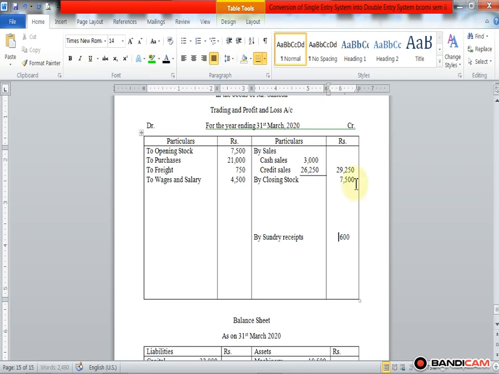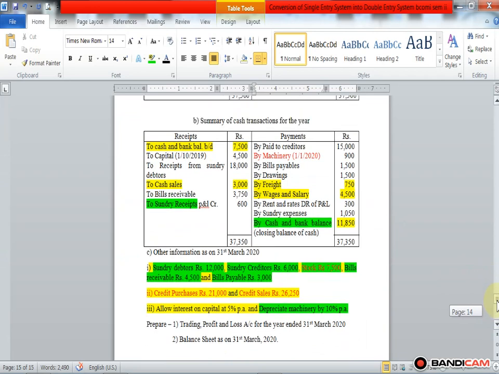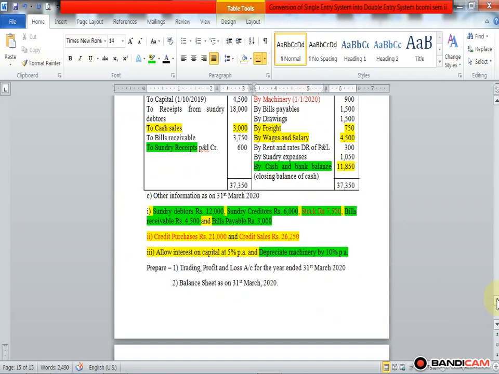Then find out if any other income is given to you. No, so here there is no other income.